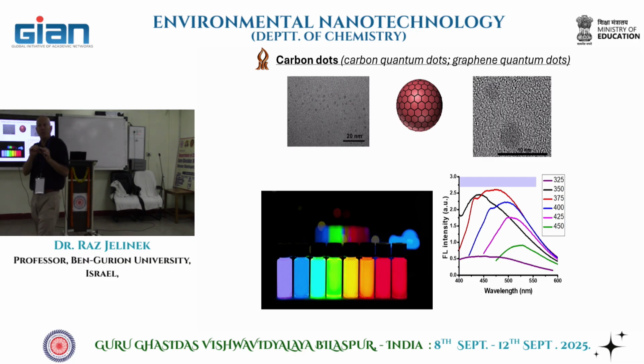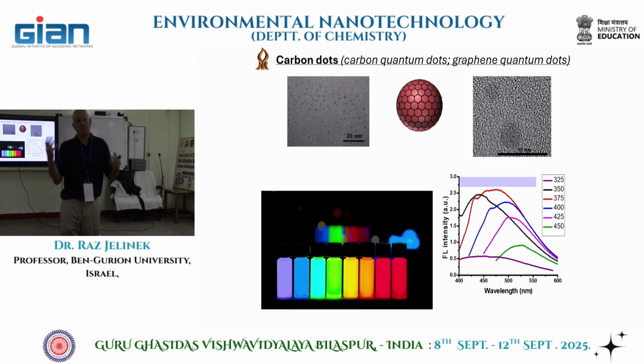Graphite is also pure carbon. Does graphite have a color? Graphite is black. Coal that you burn in power stations is also black. Suddenly we have carbon that has a color, just like a rainbow.